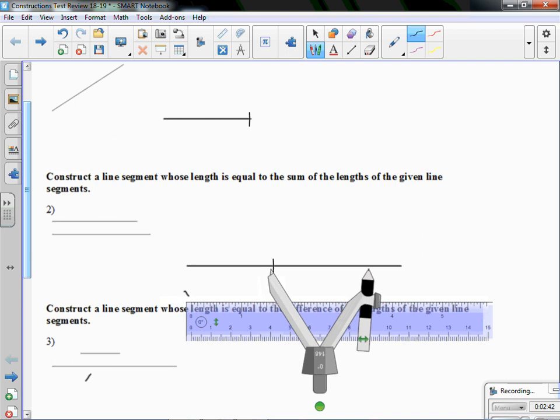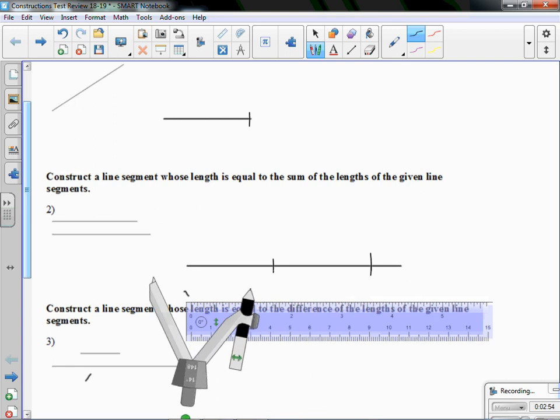And take that length over to the point where our last segment length ended. And mark off that distance. And if we erase what's past that point, there's the length of those two segments added together.